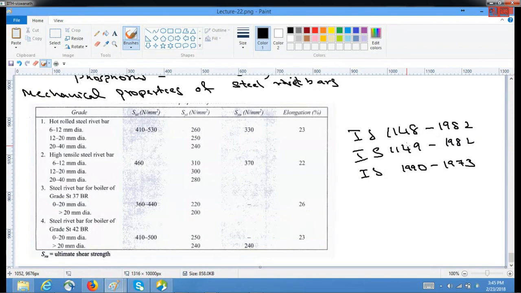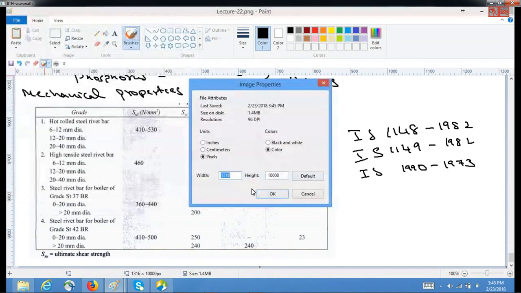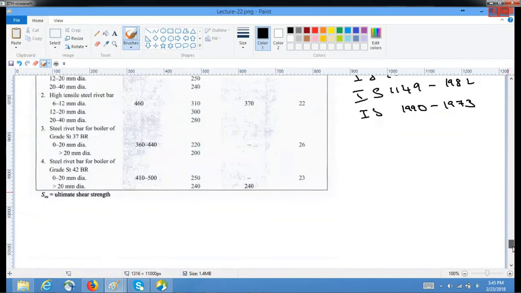Now, there are several types of failures for the riveted joint. So what we'll do is we will just list out the types of material failures for the rivet, and in the next class we will try to see how the design of the rivet has to be done to avoid such failures.